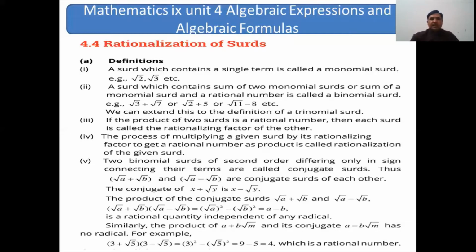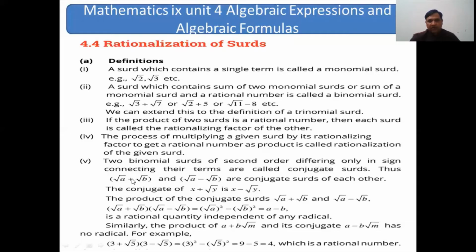For example, here we have the square root of a plus the square root of b and the square root of a minus the square root of b. The difference between these two binomial surds is the sign. Here is a positive sign and here is a negative sign.